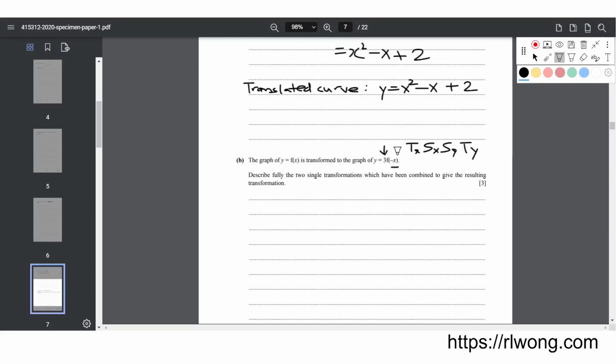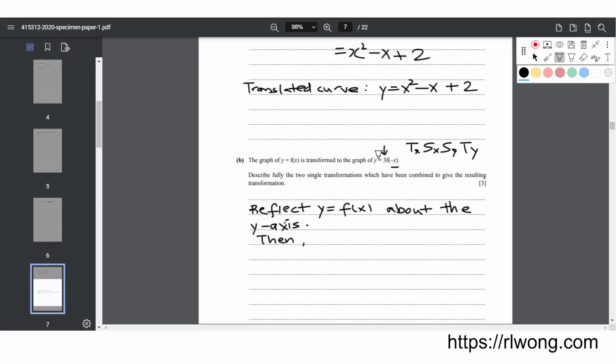So this is a reflection of y equals f(x) about the y-axis. So we will first reflect y equals f(x) about the y-axis. Okay.